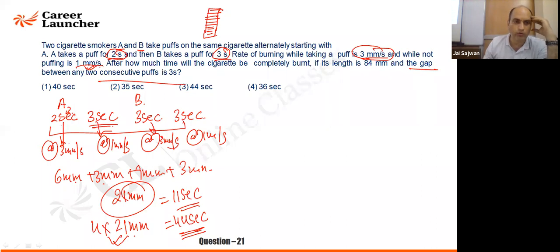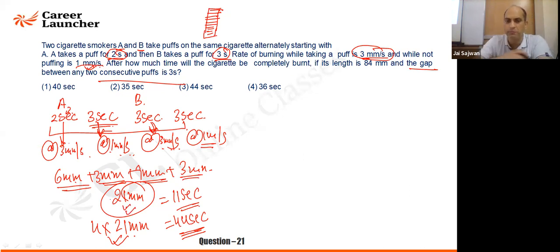So in 2 seconds at the rate of 3 millimeters per second, 6 millimeters of the cigarette will be burned. In 3 seconds at the rate of 1 millimeter per second, 3 millimeters is burned. At the rate of 3 millimeters per second, in 3 seconds, 9 millimeters is burned. At the rate of 1 millimeter per second, in 3 seconds, 3 millimeters is burned.